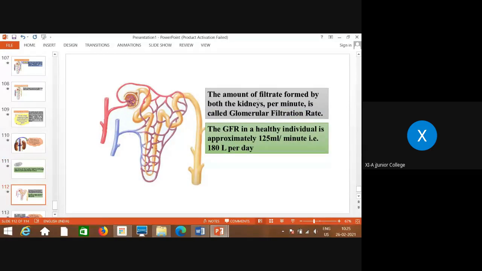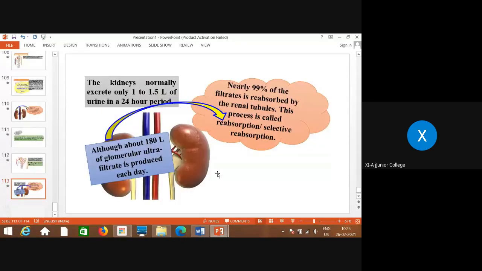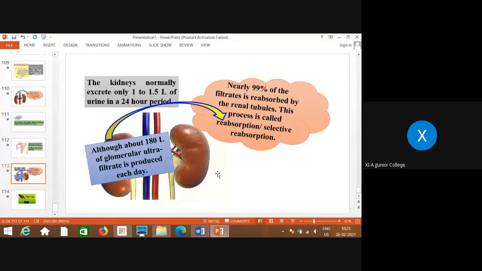And what is the GFR? That is the glomerular filtration rate, where the amount of filtrate formed by both kidneys per minute is called the glomerular filtration rate, and it is approximately 125 ml per minute, that is 180 liters per day. That much blood is filtered.